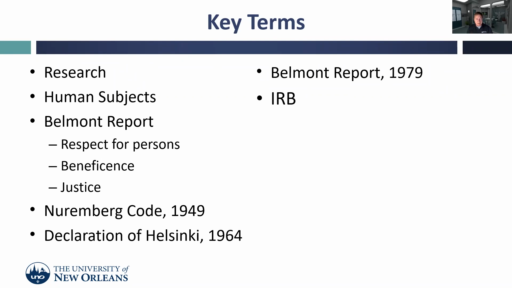And then 15 years later, the Belmont Report, which we'll spend a little more time going over the details of. All of that rolls up into the IRB process and what we know today as the IRB process. The IRB, again, is the Institutional Review Board.